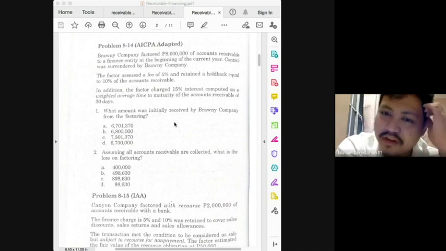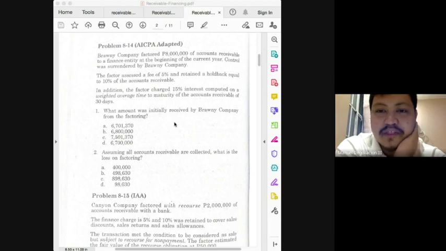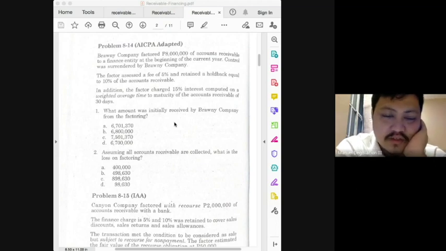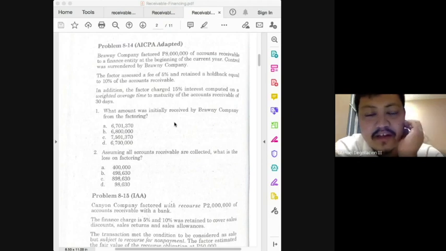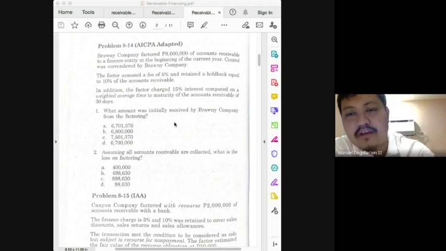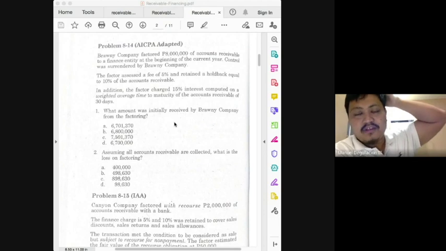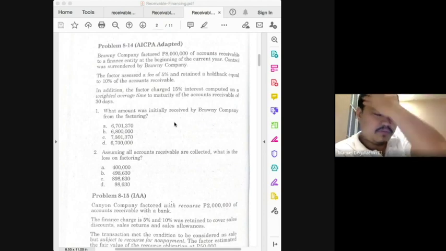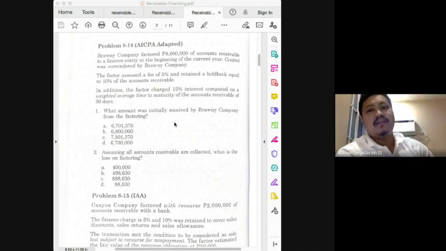But as mentioned here, the weighted average time to maturity for our receivables, meaning the amount of time from now to the due date of our receivables, the date as to when they can be collected, is 30 days on average. Okay. So of course the interest that should be charged should be commensurate only for 30 days. Okay.